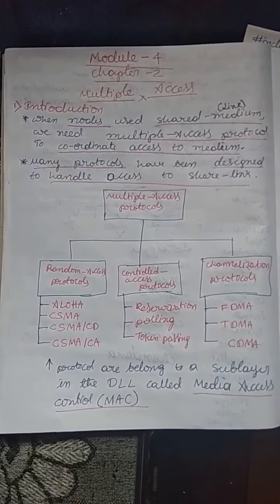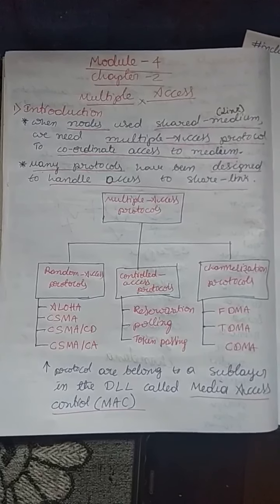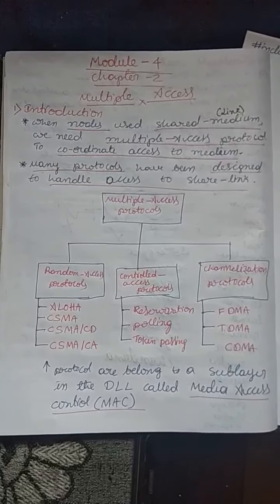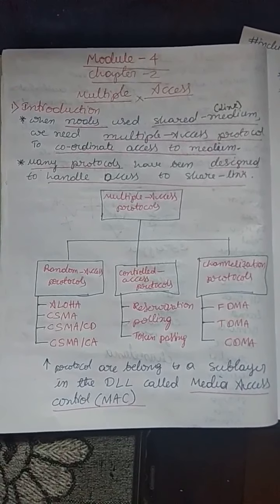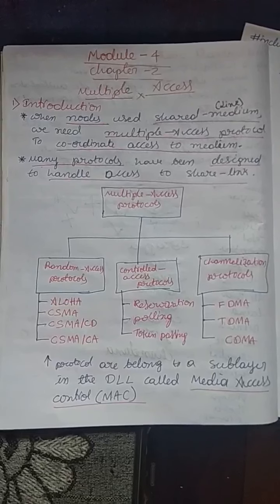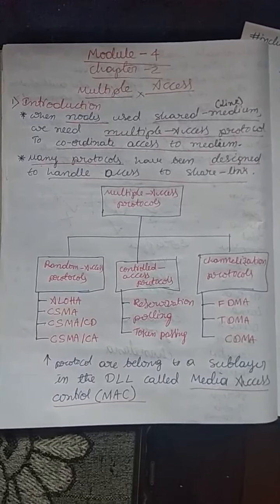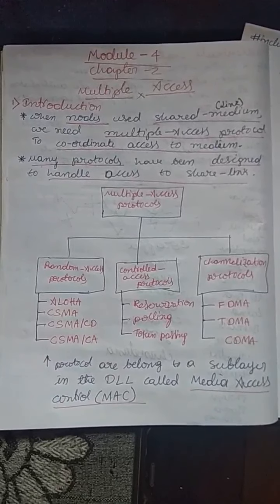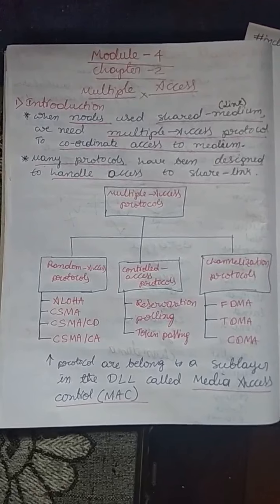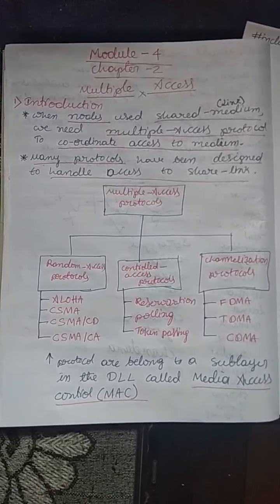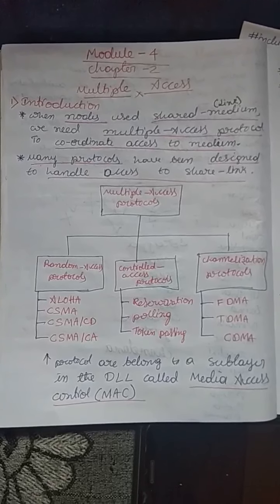Means when nodes are using the shared medium, then to control that we have to use a multiple access protocol. Okay, many protocols have been designed to handle access to a shared link or shared medium.